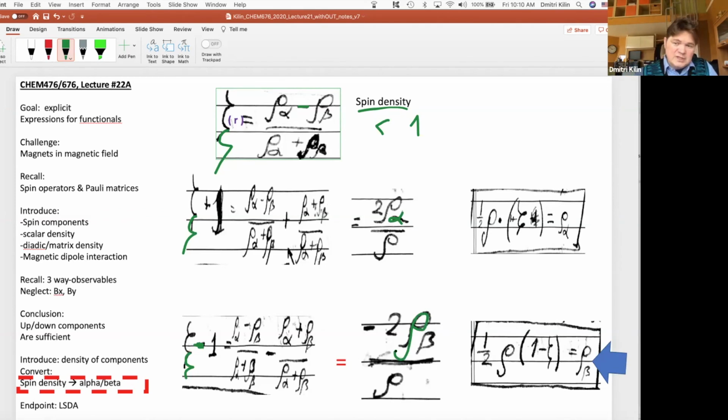Multiplying by the total density rho: rho times 1 plus psi will be rho alpha, and rho times 1 minus psi will be rho beta. You can check the math. I was checking myself. It should be correct here.